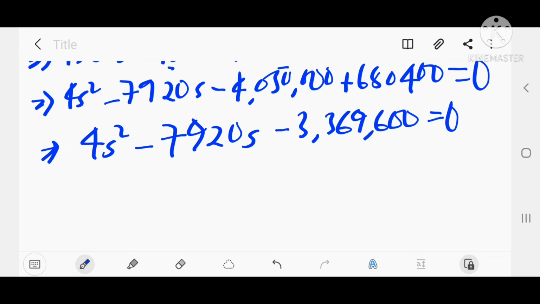So then we have to factorize this. By factorization we realize that the numbers are huge, so we can further break this down.